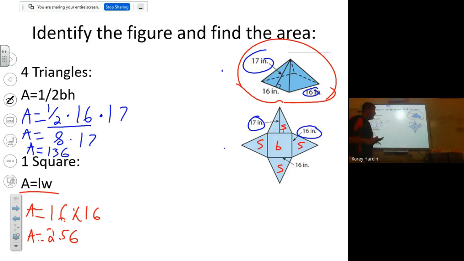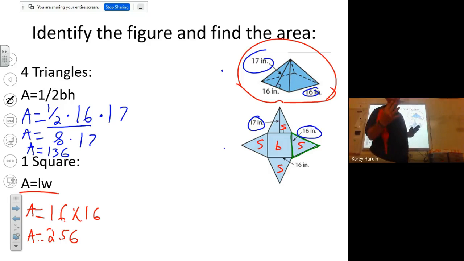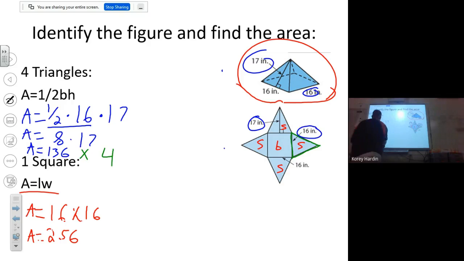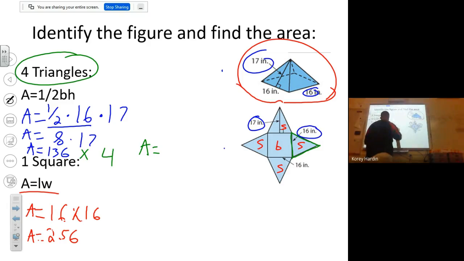Now, understand, that is the area of that. I have 4 sides. So what I have to do is I've got to multiply my answer by 4. So I got 136 multiplied by 4, and I get area of the triangles, the 4 triangles, equals 544.